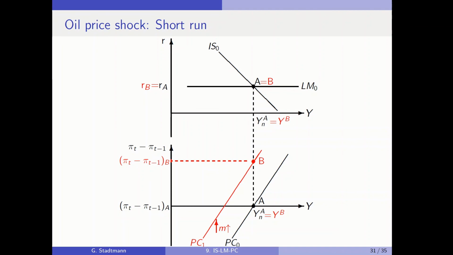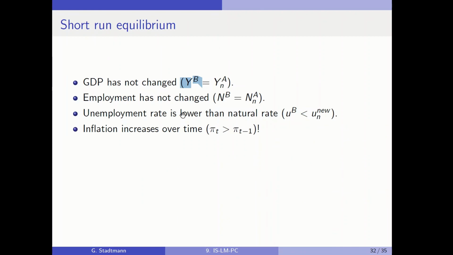Let's summarize the effects in the new short-run equilibrium. Initially GDP has not changed. The GDP level in scenario B is equal to the GDP level in scenario A. Also, employment has not changed, but now the unemployment rate is lower than the natural rate.